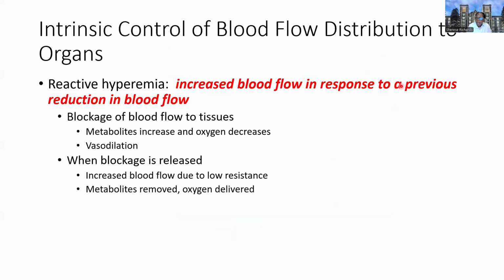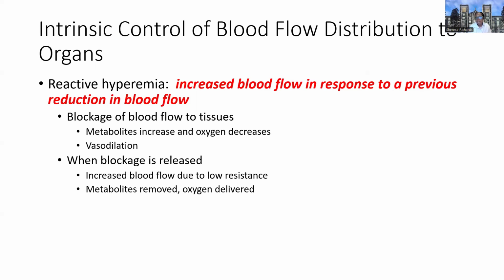Now, another thing to think about is increased blood flow in response to a previous reduction in blood flow. So the first instance was to match the metabolic activity. The second instance is sort of a responsive mechanism, so to correct a previous shutoff in blood flow. And this may have been an instance of, let's say you had a blockage to tissue and you have the metabolites such as CO2, potassium building up in that tissue and oxygen decreasing.